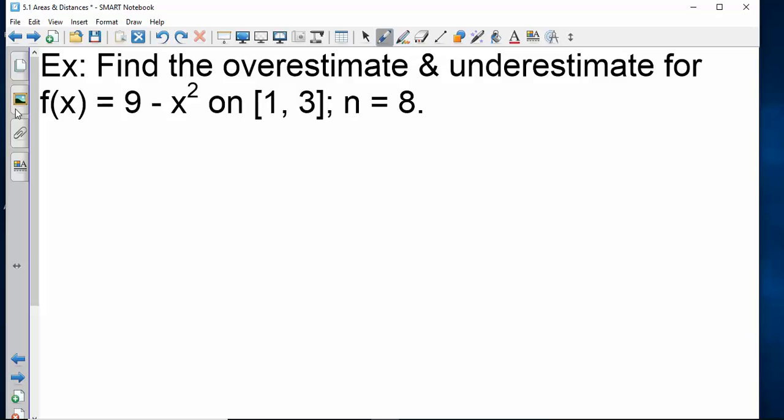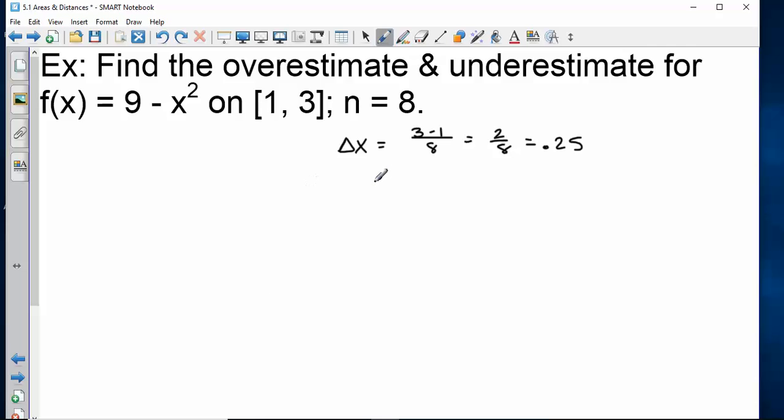So we can draw a picture, but we don't have to. My change in x, how big is this interval? 2. You're just going to subtract those, and I want to divide that into 8 pieces. So that's 2 over 8, which is 0.25 or 1/4. So that is my change in x each time.